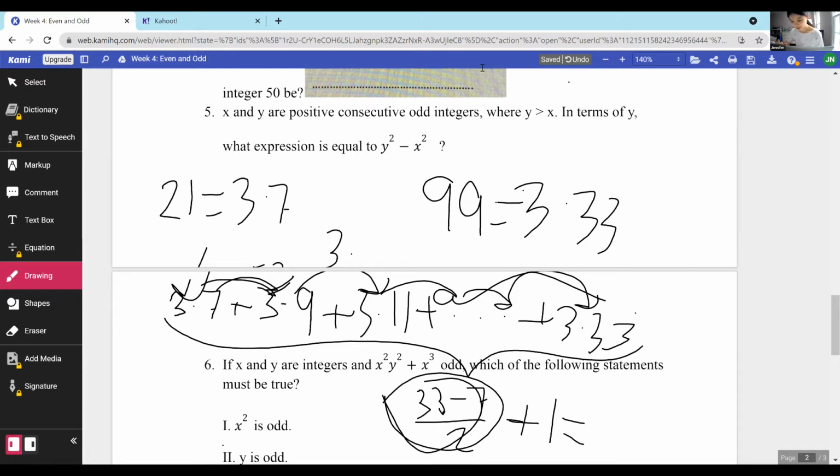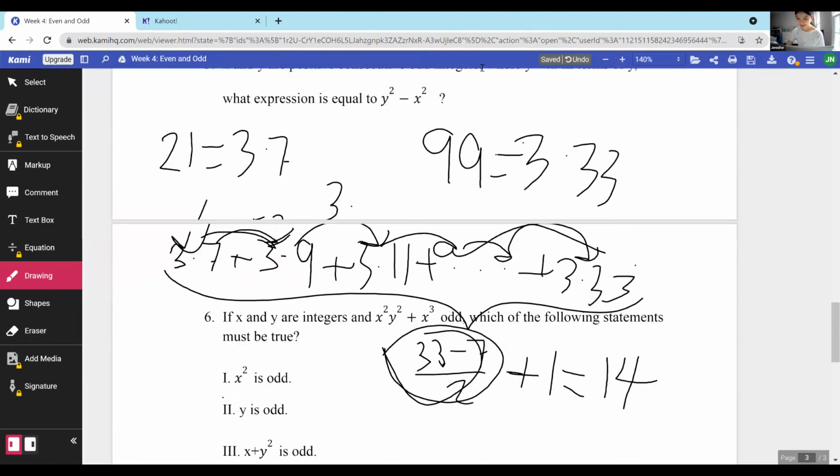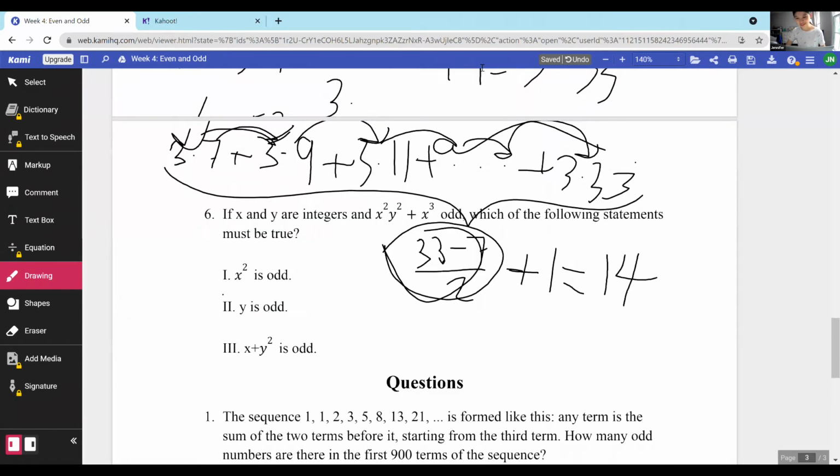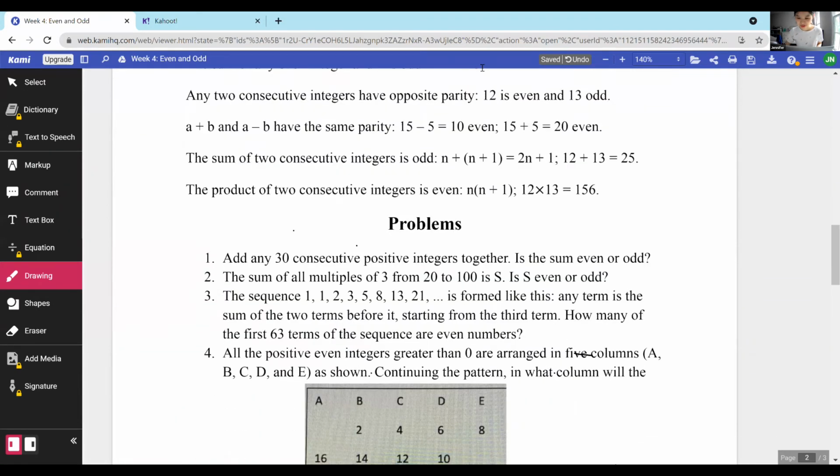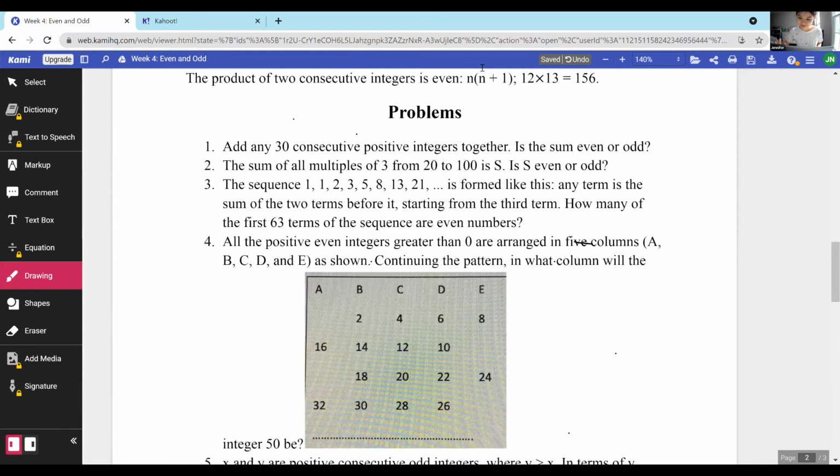And then if you do the arithmetic, that's 14, I believe. And that's an even number of odd numbers, which will make the sum even.